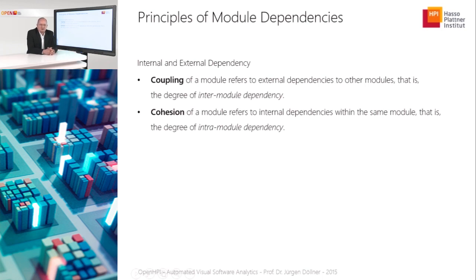Then we talk about cohesion. Cohesion of a module refers to internal dependencies within the same module. That is, it quantifies the degree of intramodule dependencies. Now, these two core types are distinguished, and we will now go on with coupling.